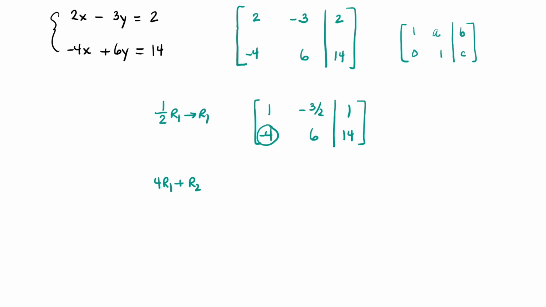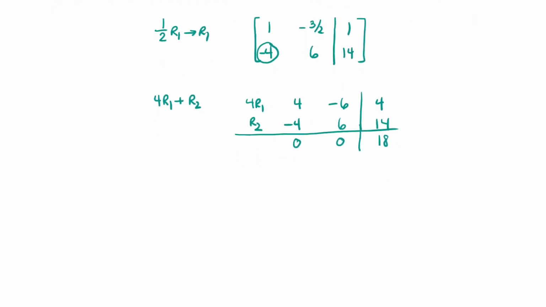So we automatically know to multiply the first row by 4, because when combined with negative 4, that's going to give us 0. So 4 times the first row is going to be 4, negative 6, 4. And the second row is going to be negative 4, 6, 14. There's an augment there. And when we add those together, we have 0, 0, and an 18.